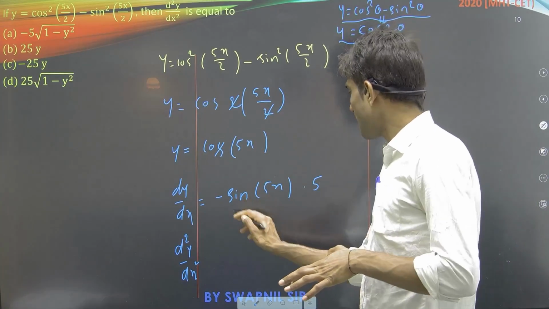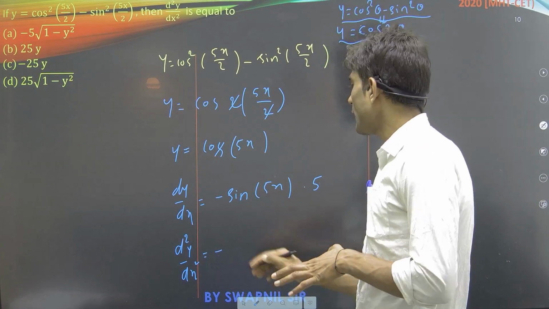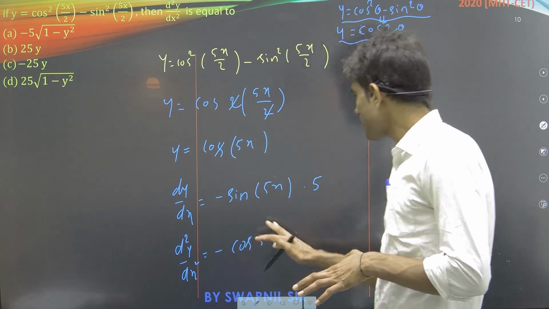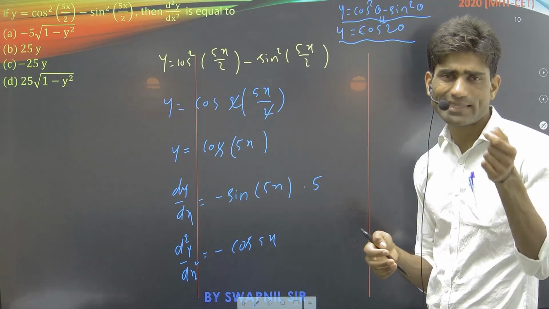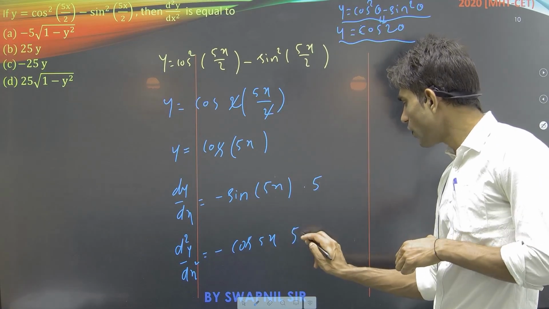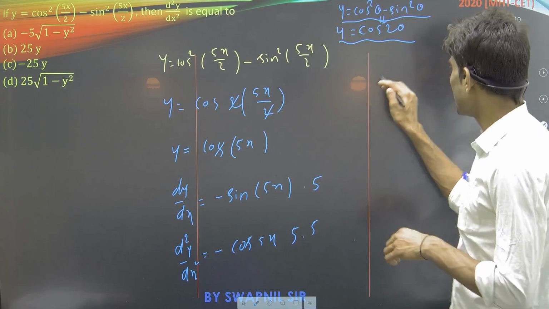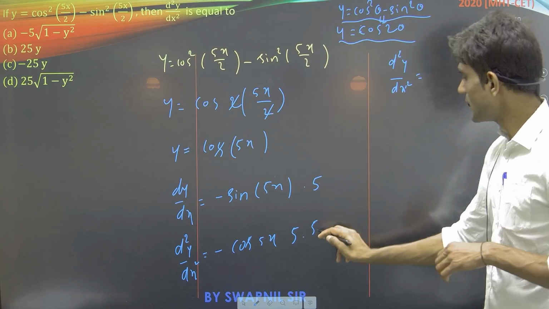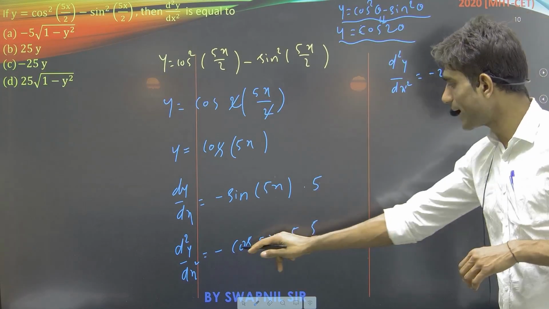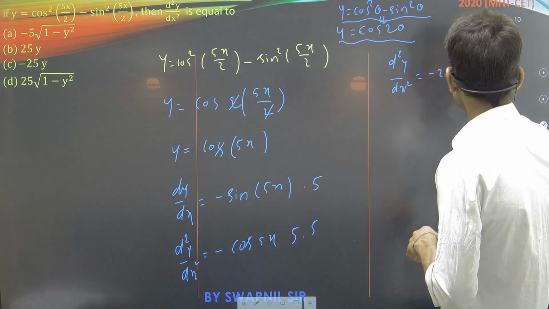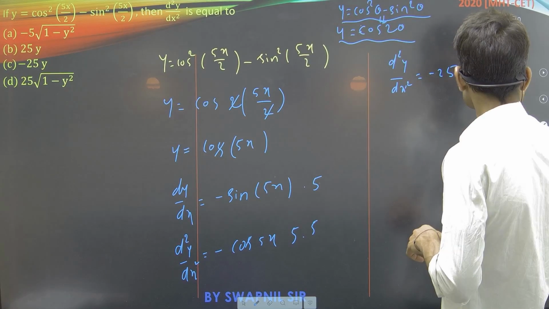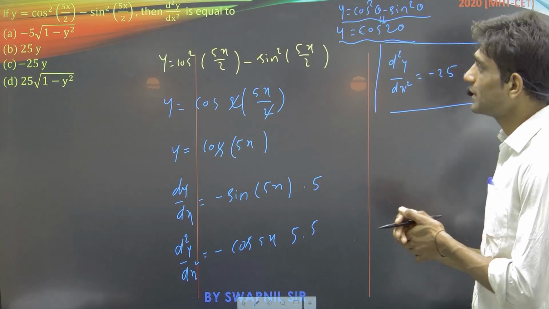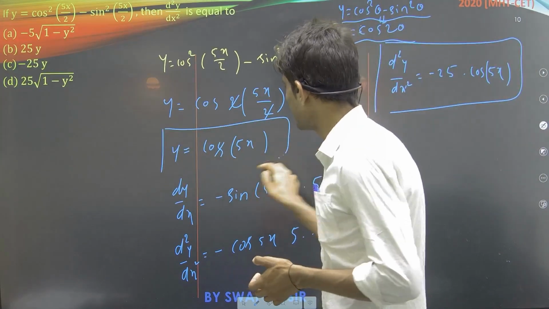The negative sign and constant stay as they are, and sine 5x differentiates to cos of 5x, then the differentiation of 5x gives 5.